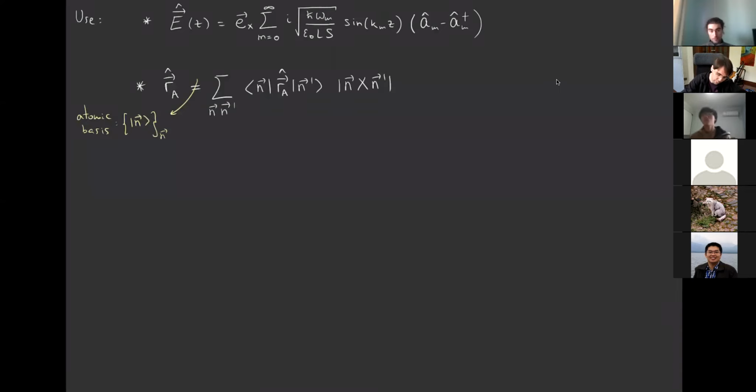And the only important thing, it's not super important, but just remember that this matrix element, and this is why we talked about this in the previous chapter, is non-zero only when the parity of the atomic eigenstates is different. We already saw this last week. So this means that this sum actually doesn't run over all the possible states, but only over states that have opposite parity.